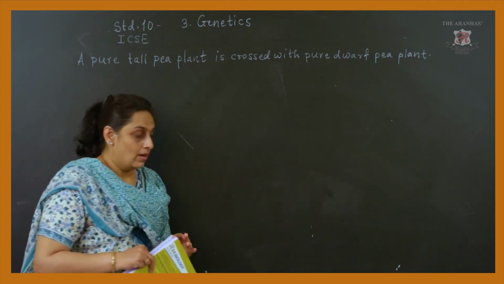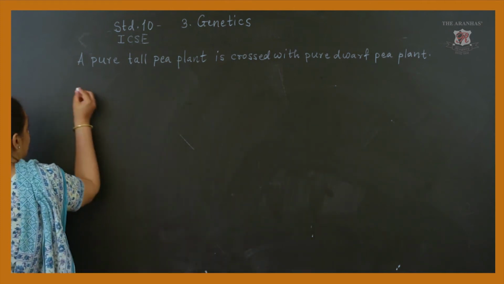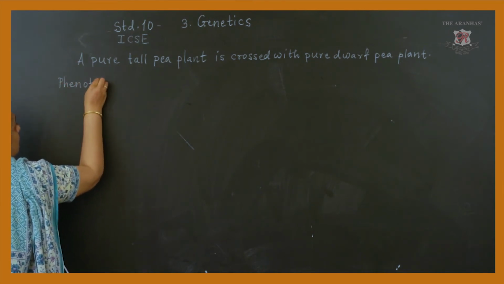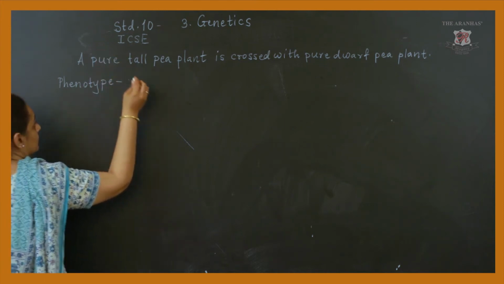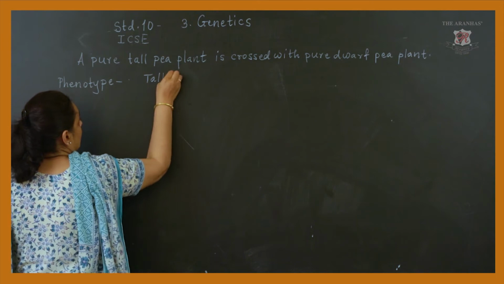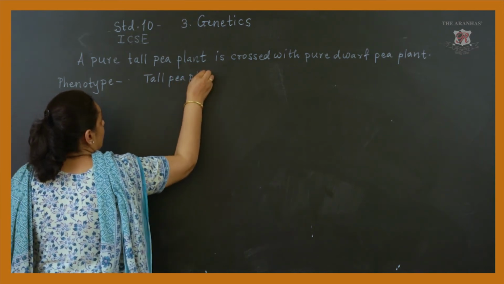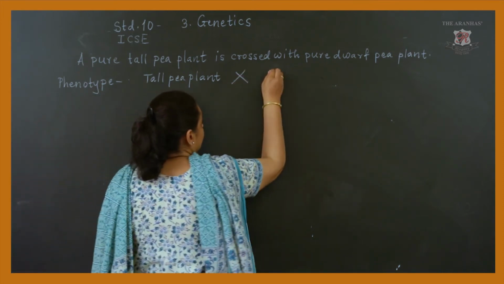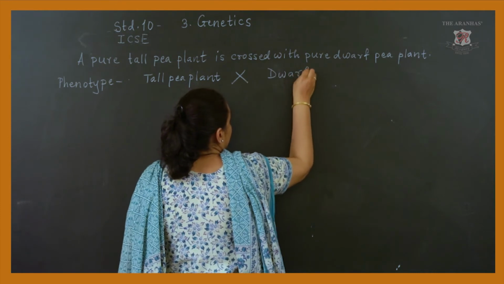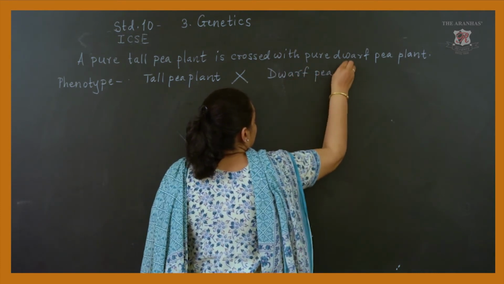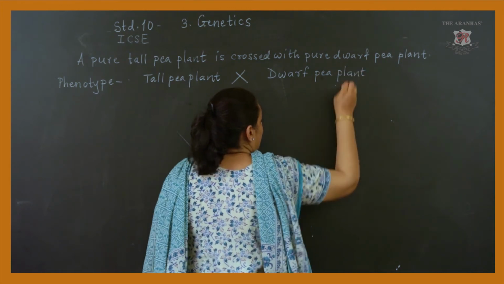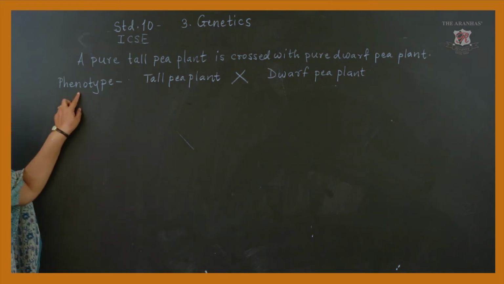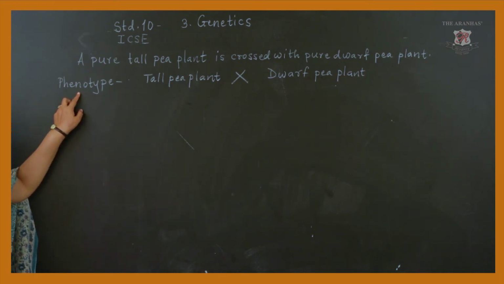Now, how to write this cross? See what I am writing. The first step in the cross is, I have written the word phenotype.